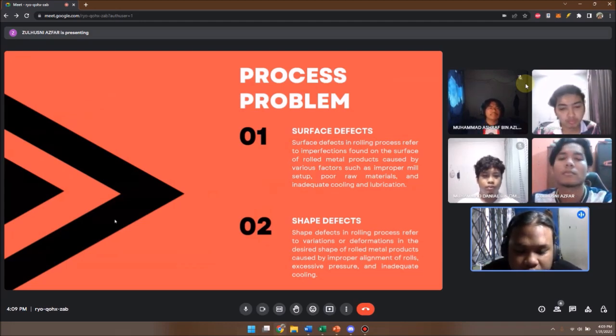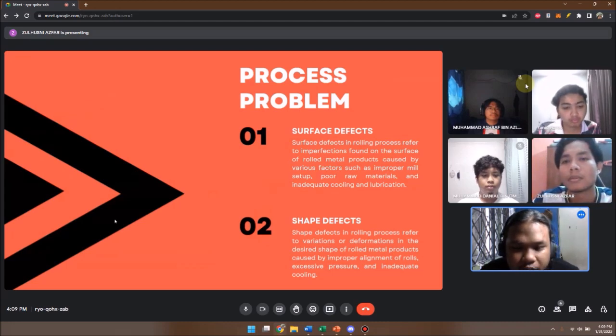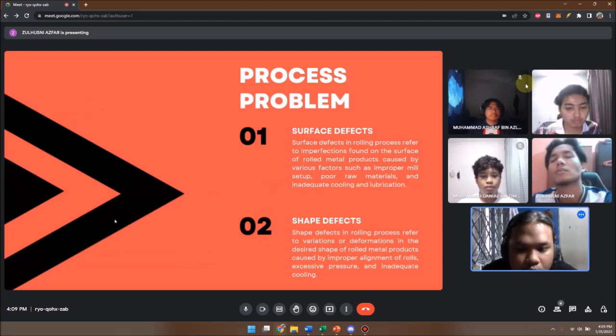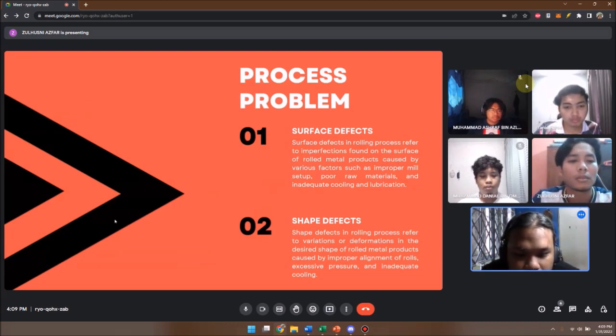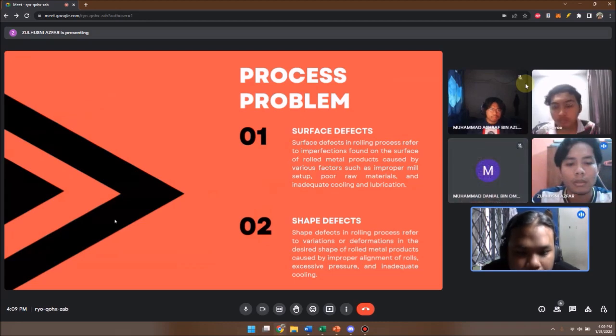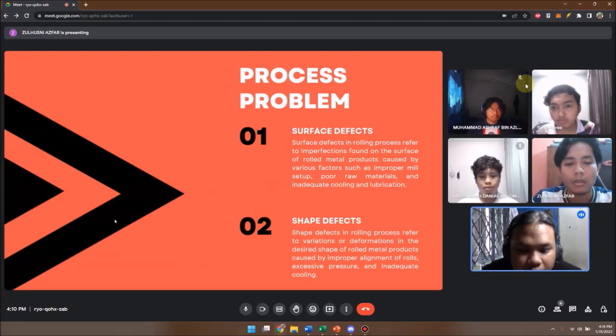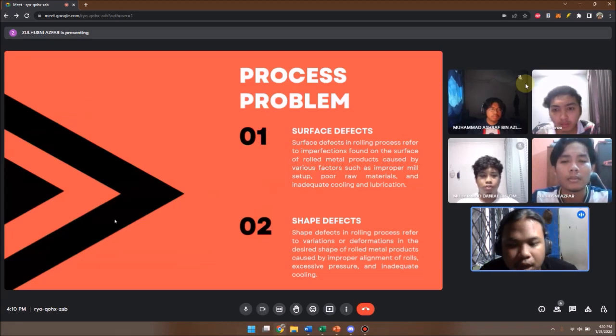This can include scratches, cracks, uneven surface finish, roll marks, orange peel effect, and scallops. While shape defect is any imperfection in shape or form of a metal that can affect the quality or functionality of the final product. This can include non-uniform thickness, edge waves, crossbow, center buckle, spiral buckling, and camber.